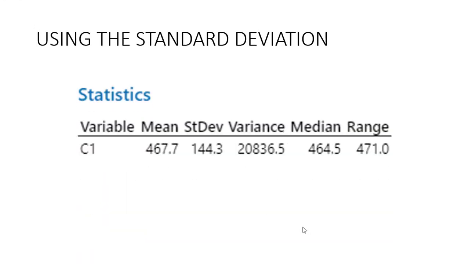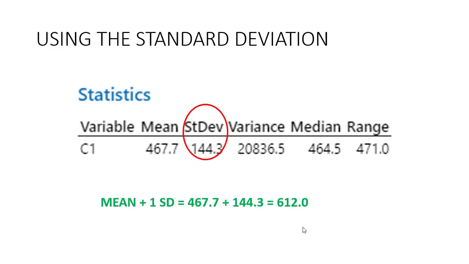Let's go back then to our original data, and notice that when we did, for example, the statistics for the hearing test, we got that the standard deviation was 144.3, and the mean was 467.7. So how do we determine what the value is going to be for 1 standard deviation?